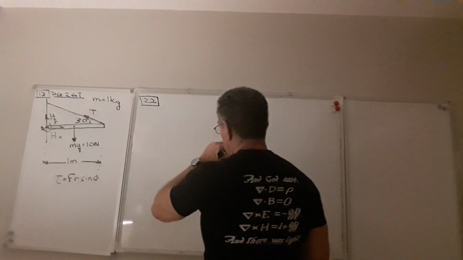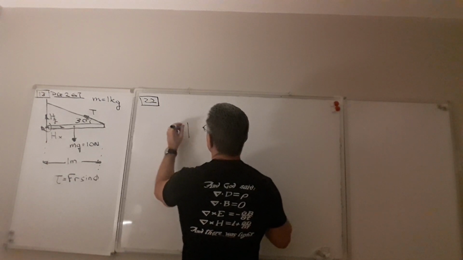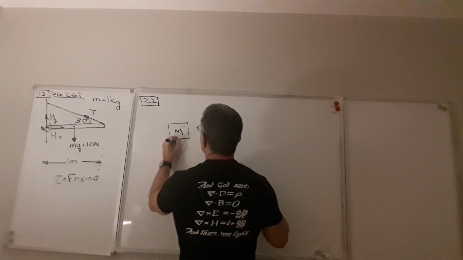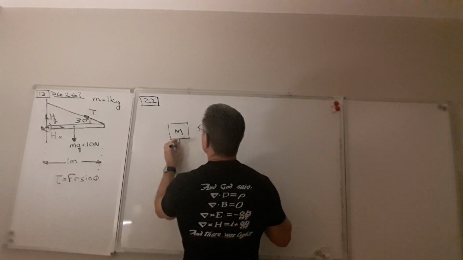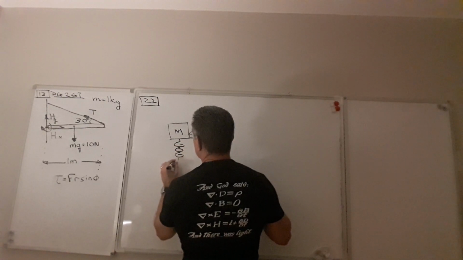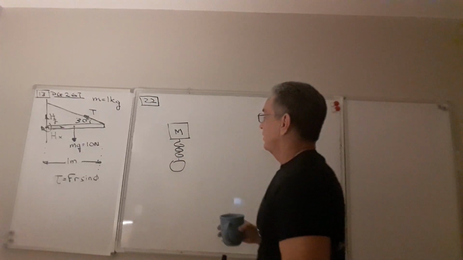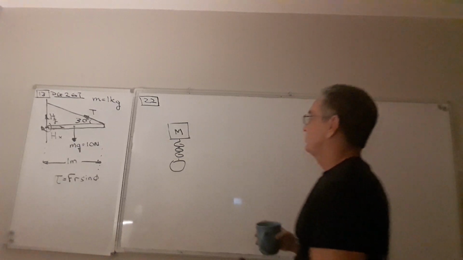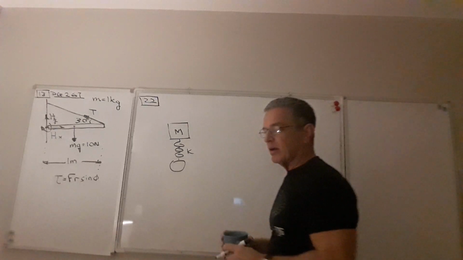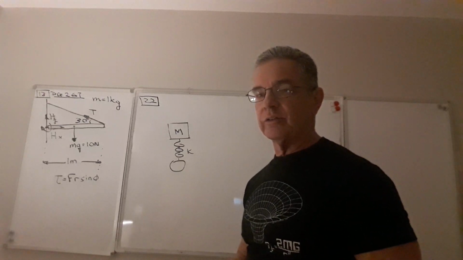Let's see. So here we have, say, the mass of the car and a spring and a wheel. Okay, now this spring has a spring constant K. Here I'm assuming that we can think of, like they said, think of it as just a single spring.